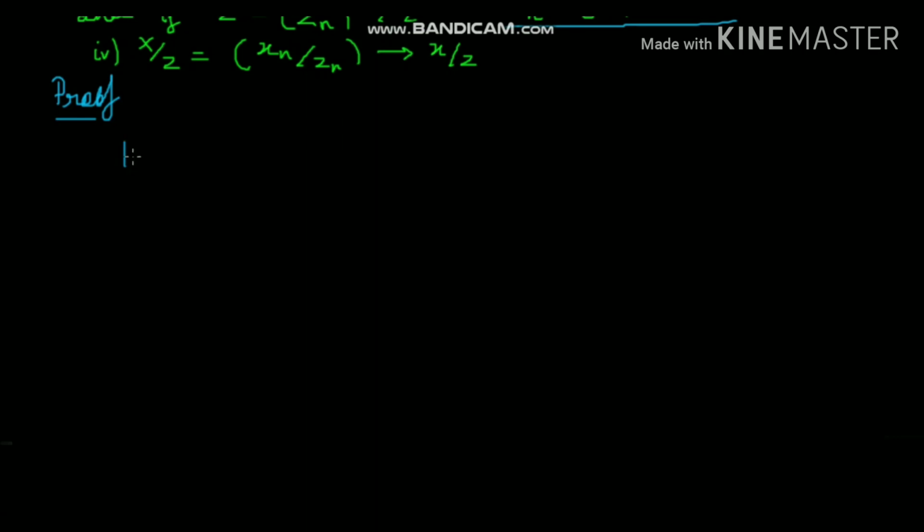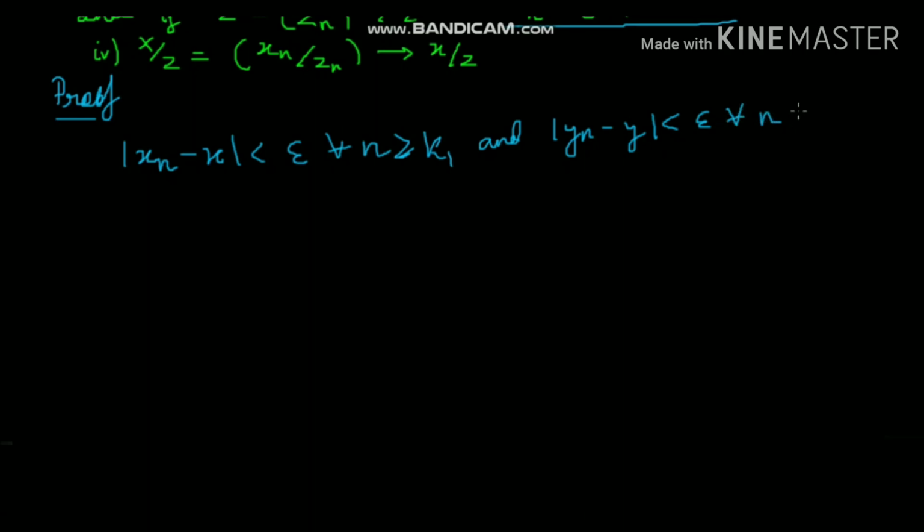So for the first one, since xn and yn are convergent sequences, we can write mod of xn minus x is less than epsilon for all n greater than or equal to some k1. Obviously k1 depends upon epsilon. And similarly we can write mod of yn minus y is less than epsilon for all n greater than or equal to some k2.